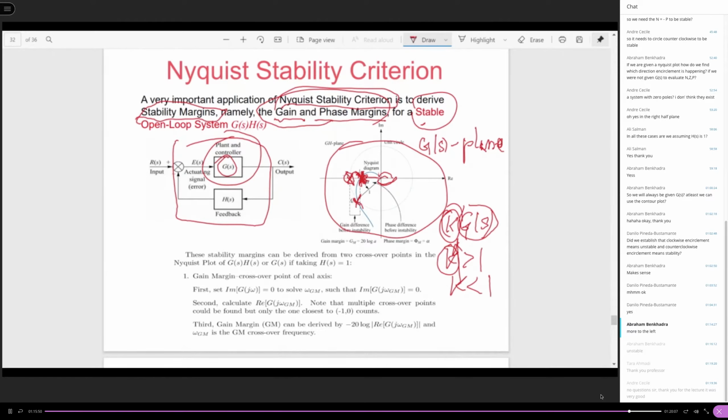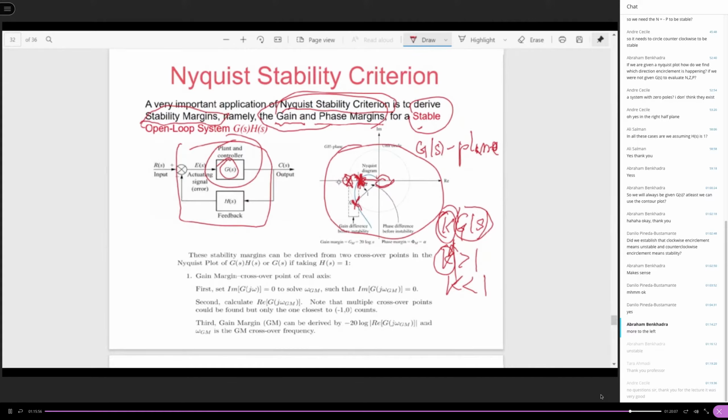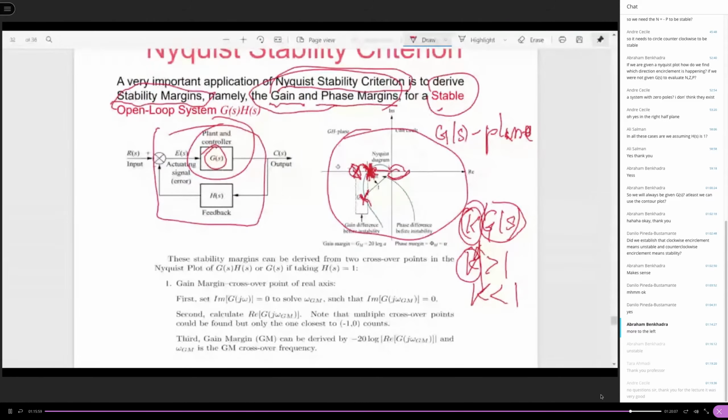Because if you keep increasing K beyond that point, then your crossover is going to be at the left of the -1 point, so your plot is going to go this way. What happened?